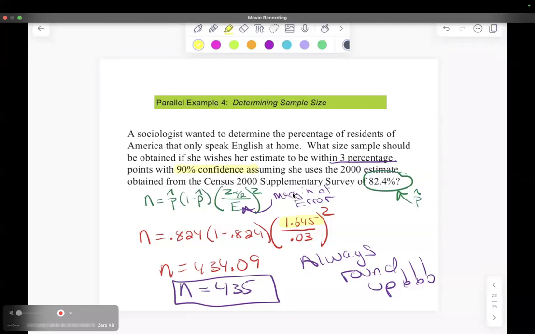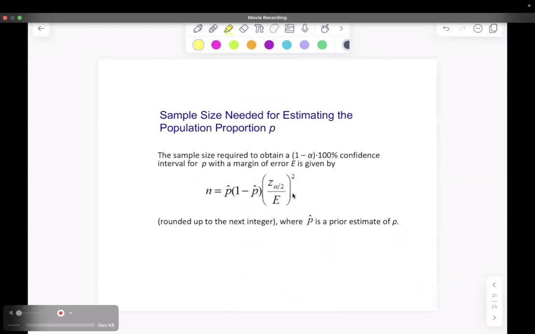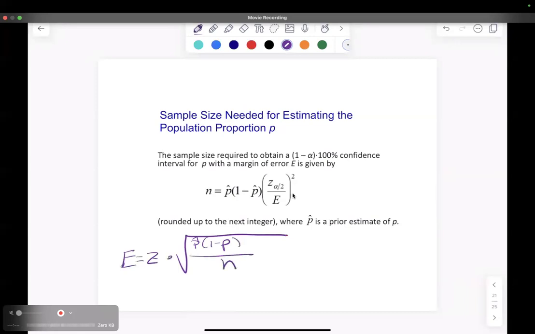So basically what this formula is, all it is is working the other formula backwards. So if I have this form, it's just this formula backwards. We're just undoing it. All I did was solve for n instead.